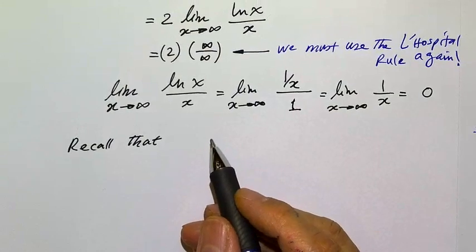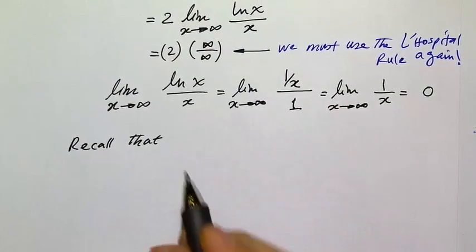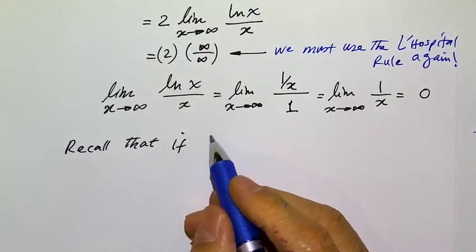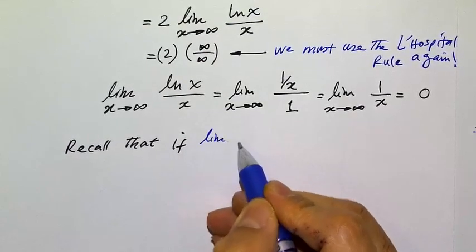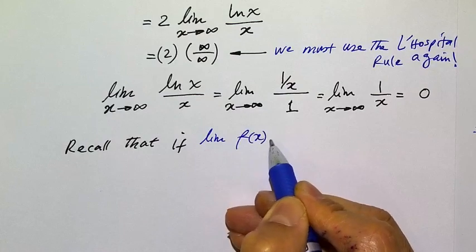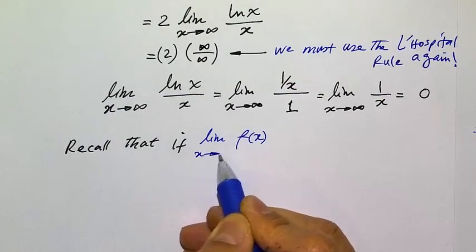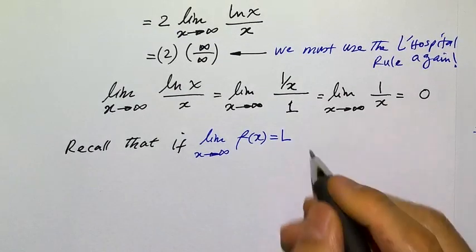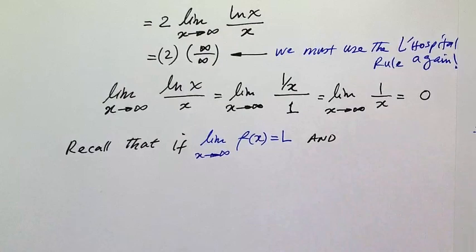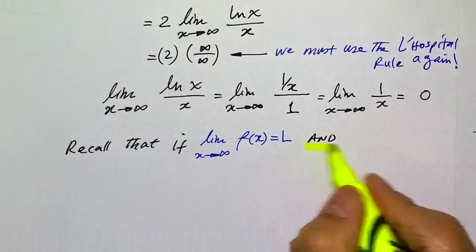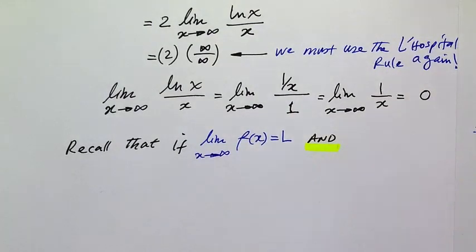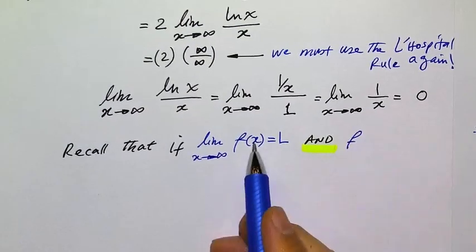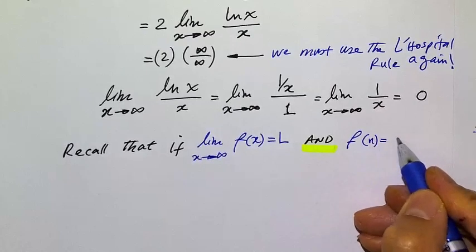Recall that if the limit of the function as x goes to infinity equals some value, and this is pretty critical, so there is an and condition here, and if you replace the x with n, you get the sequence.